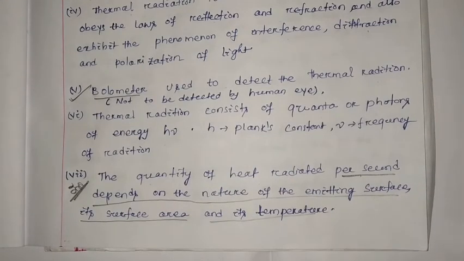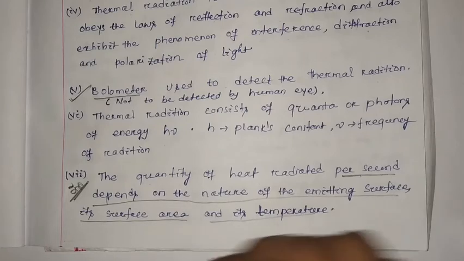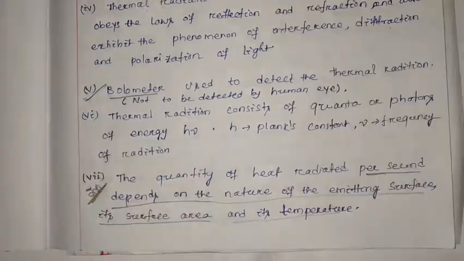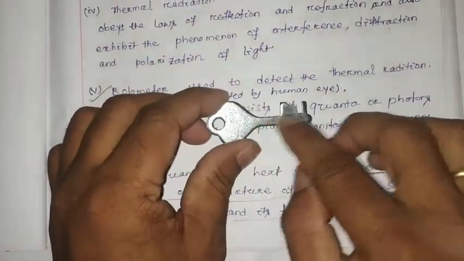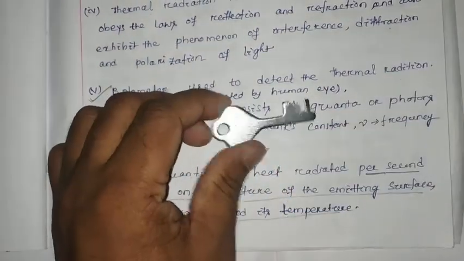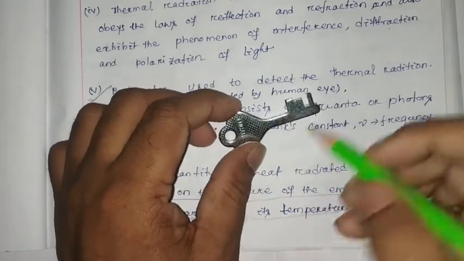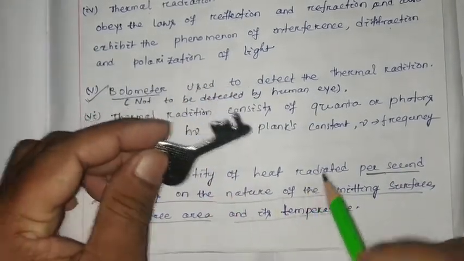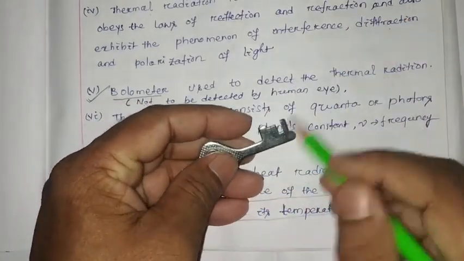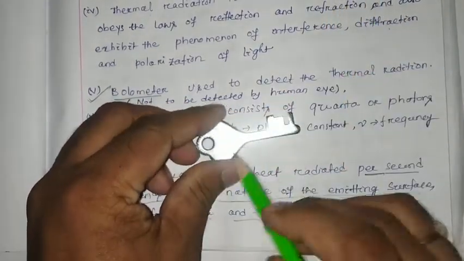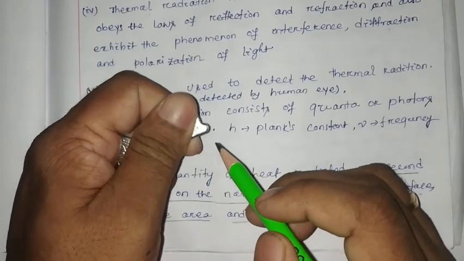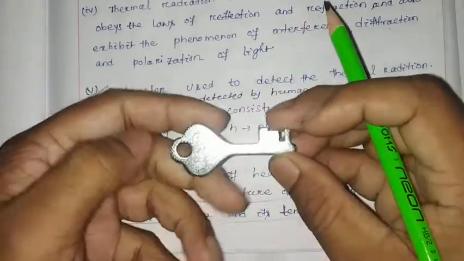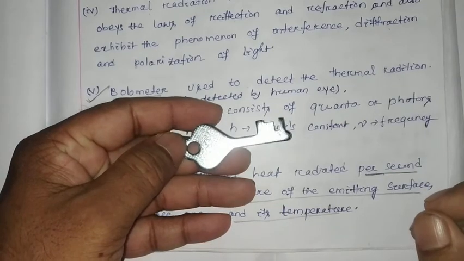Suppose one material is radiating energy, heat or thermal energy. How much energy this material radiates depends on the area we consider. Suppose for this much area per second, some energy is radiated. If we consider the whole area, obviously a larger energy is going to be radiated.